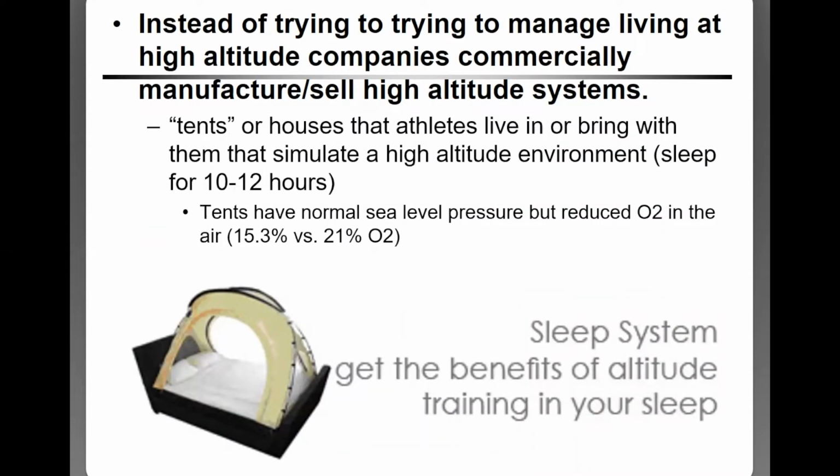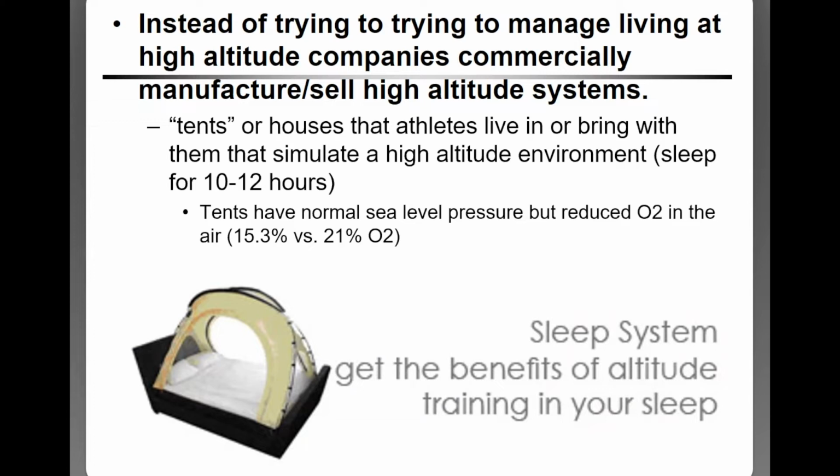So athletes and coaches have been playing with living high, living low, training high, living low, different combinations of this to try and maximize the amount of erythropoietin and red blood cell production. So one of the best ways to improve performance is to have your athlete train low and sleep high.